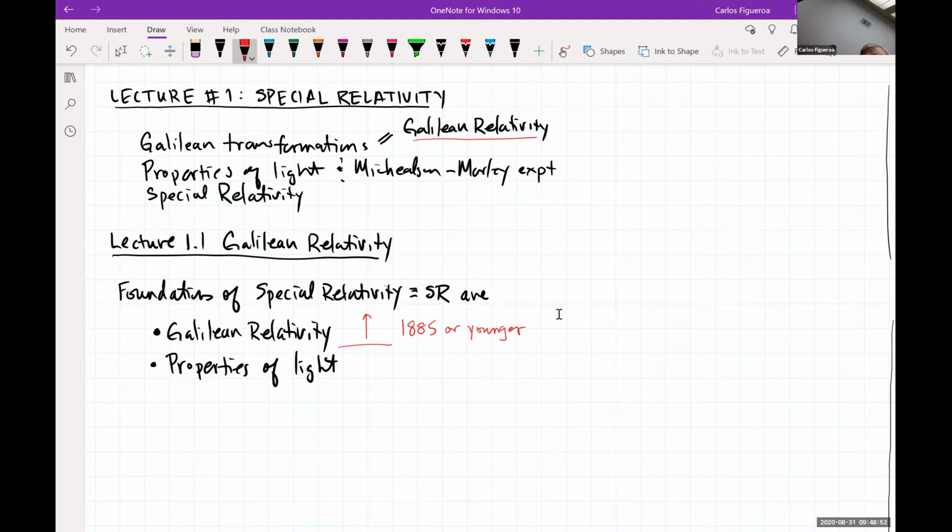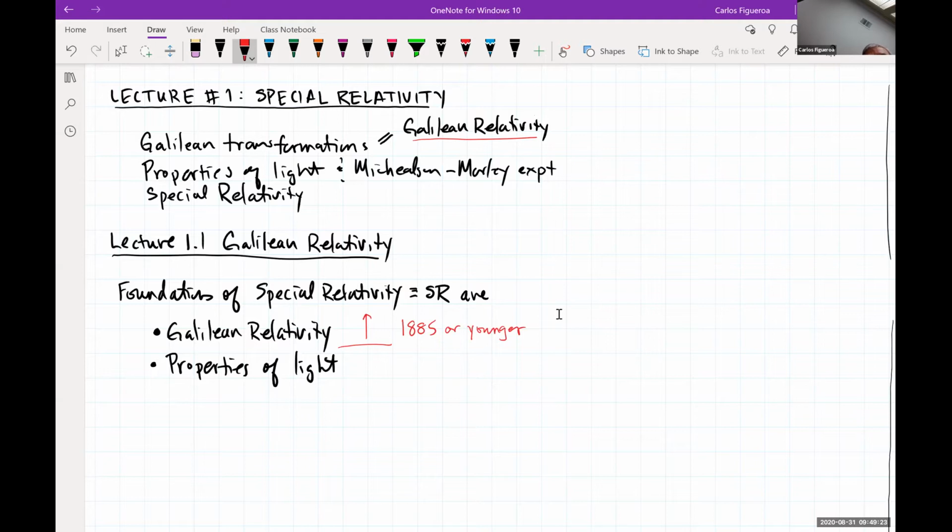Around 1885, Maxwell had already written the equations for electromagnetism, but they were being refined. The person who really refined them was Heaviside, and he wrote them into what we now call Maxwell's equations.